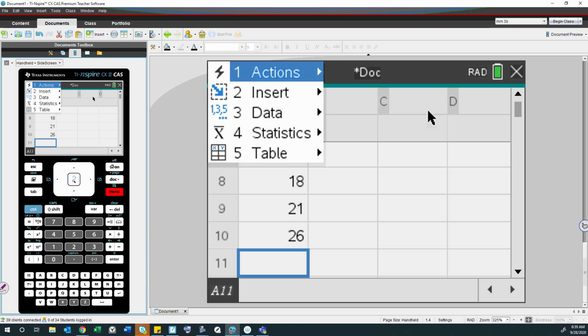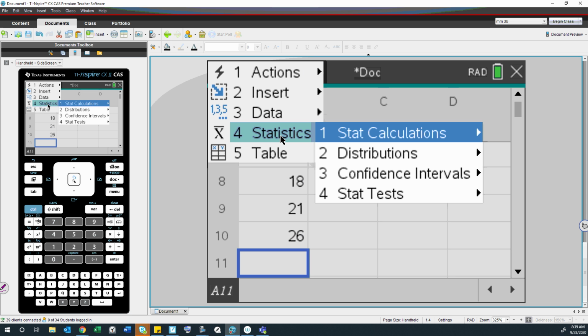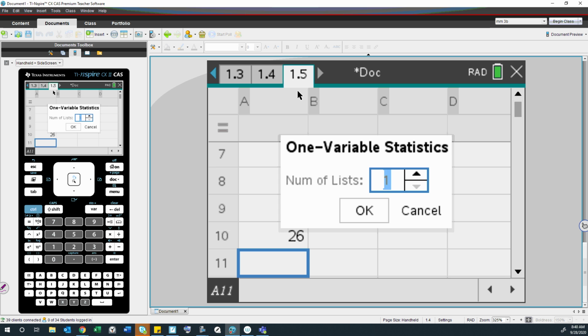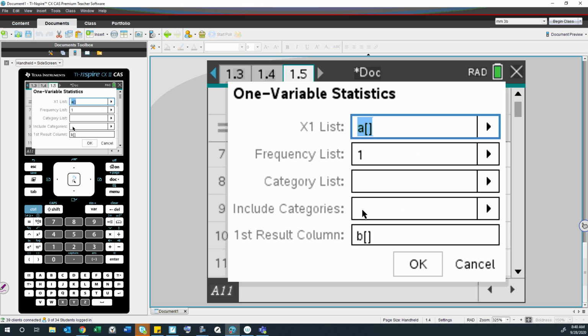We're going to choose statistics. Yours is a touch screen like mine. And let's see. It's not pulling up statistics. There we go. And then we're going to do stat calculations, and we're going to do one variable statistics. We want one list.